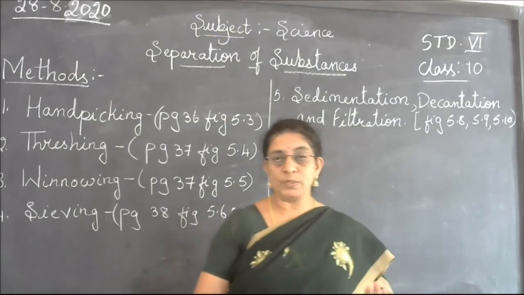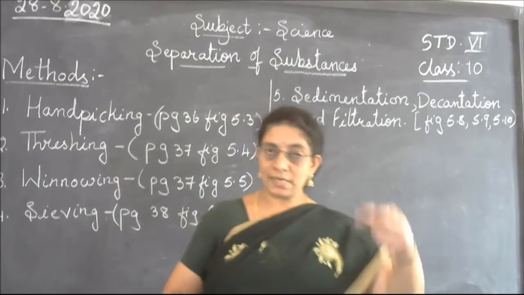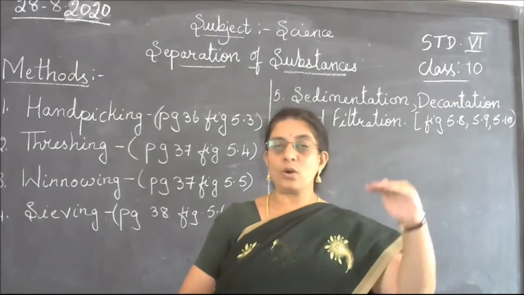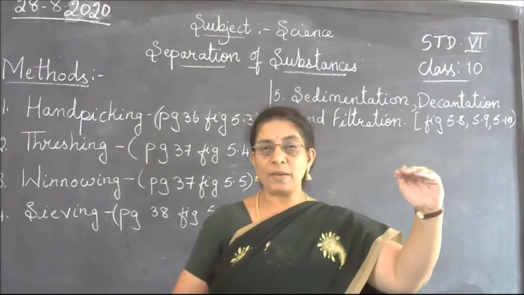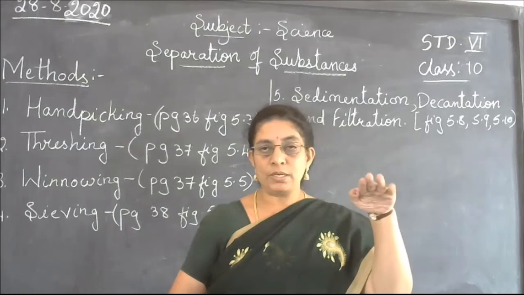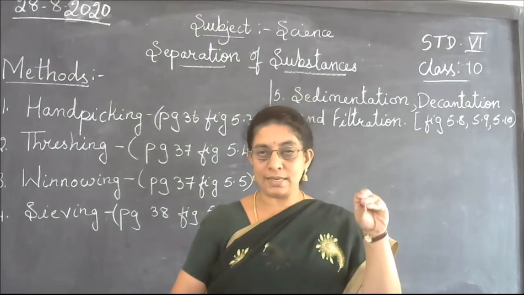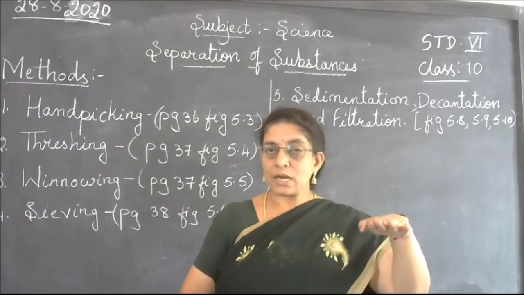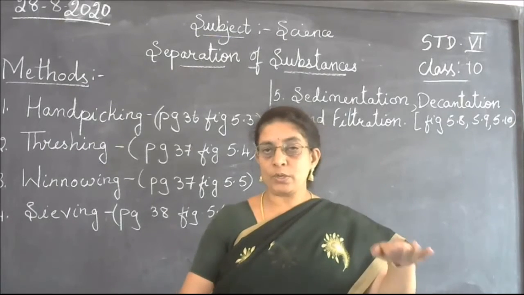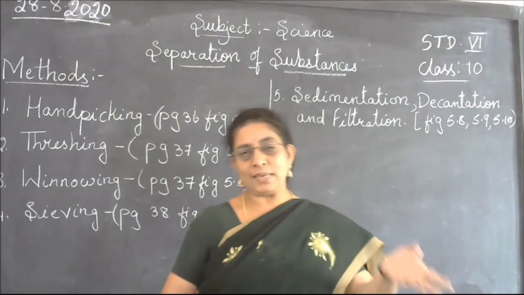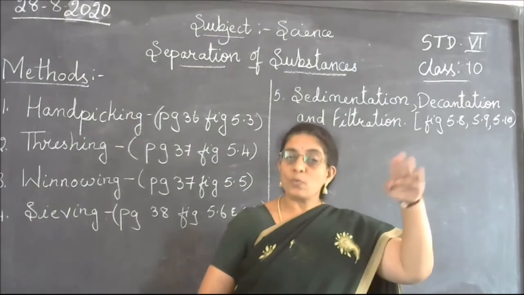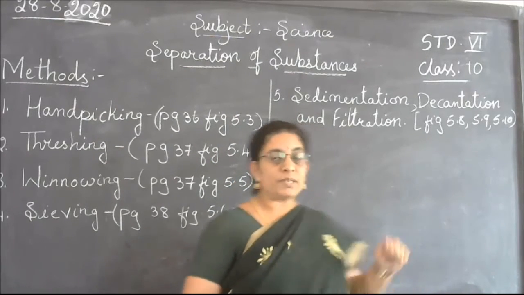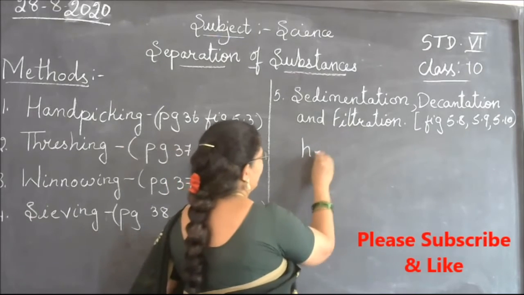Then afterwards you will see that all the dal is settled at the bottom and all the water is on the top layer with all the impurities. Whatever impurities are there, that will be on the top layer. So the settling down of the dal, okay, it can be dal, it can be rice, it can be pulses, anything. So why does it settle down? Because it is heavier.